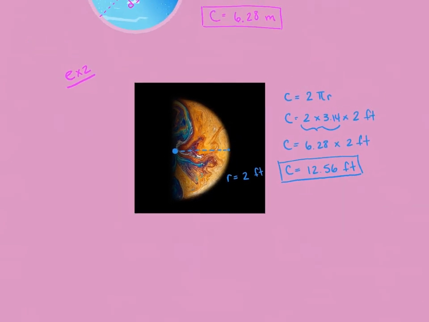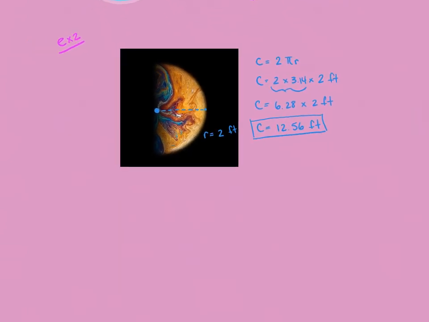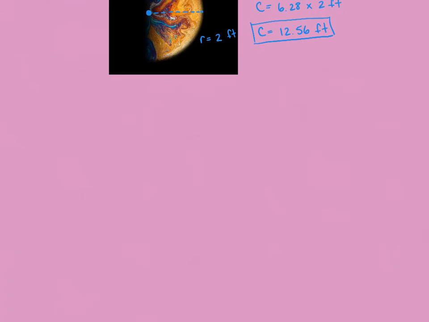So let's go ahead and do example number 3. I'm just going to find a circle for us to use real quick. Okay, this looks like a great one to use.